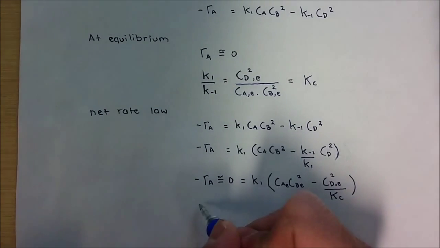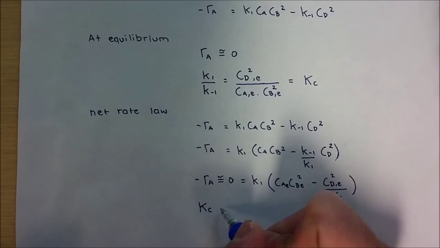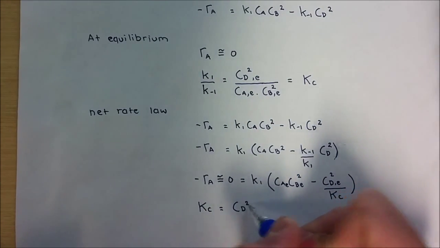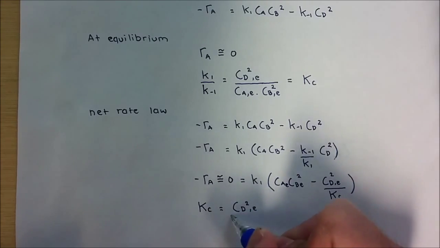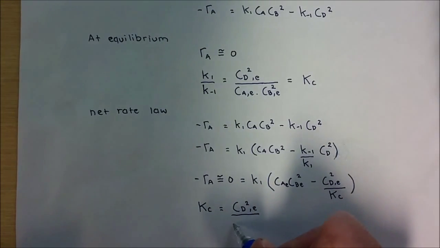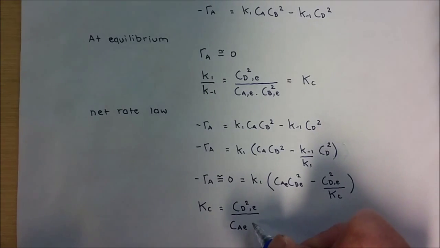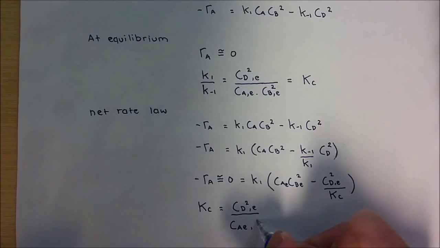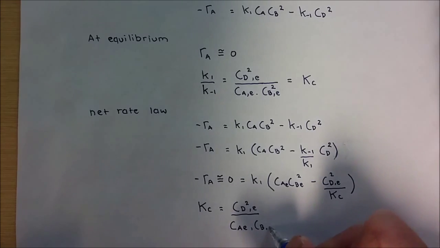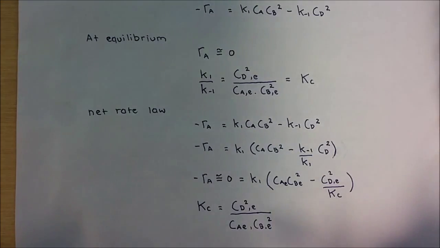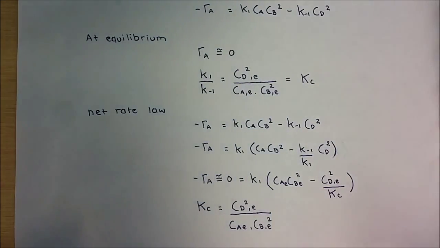And of course, our equilibrium constant will be equal to CD to the power of 2 at equilibrium over CA at equilibrium times CB at equilibrium to the power of 2, and this satisfies the equilibrium condition.